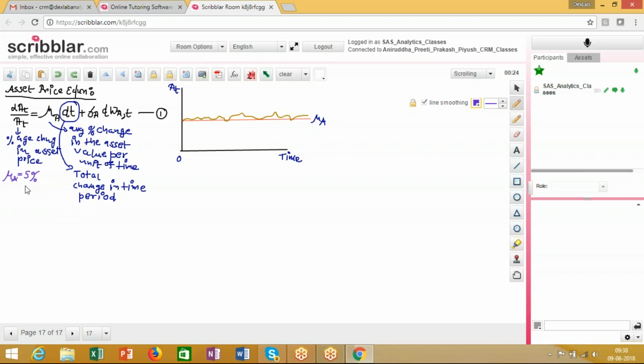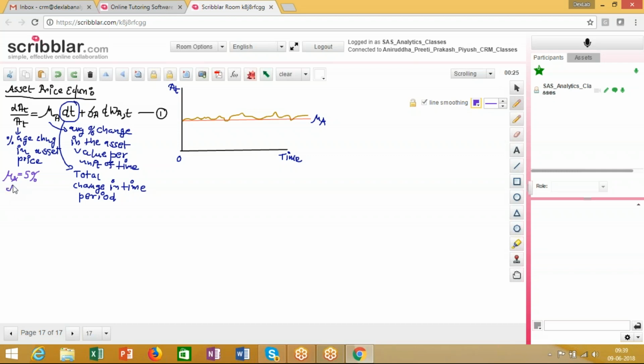So now mu A is 5%, that is the percentage change in a time period is 5%. Now I ask you, if the average percentage change in the price of the asset is 5% in a period, then in the next 2 years, what will be the percentage change in the asset's price or in the asset's value?